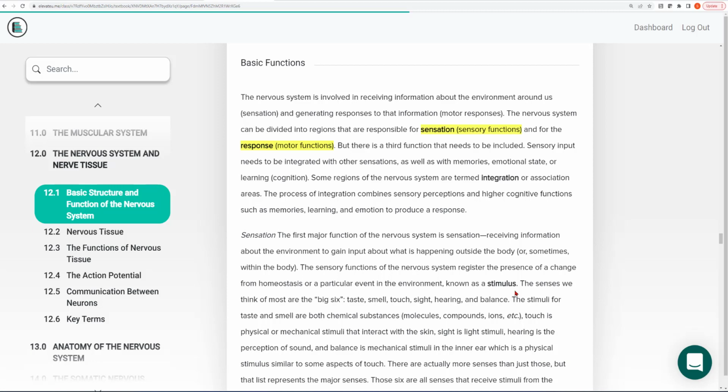Then there are things like touch, right? You feel something. That is a stimulus. That stimulus can be pleasant. It can be painful. That stimulus can be pressure, right? You can squeeze on your finger and you'll feel that pressure, or you can just lightly touch your finger and you are also aware of that light touch.